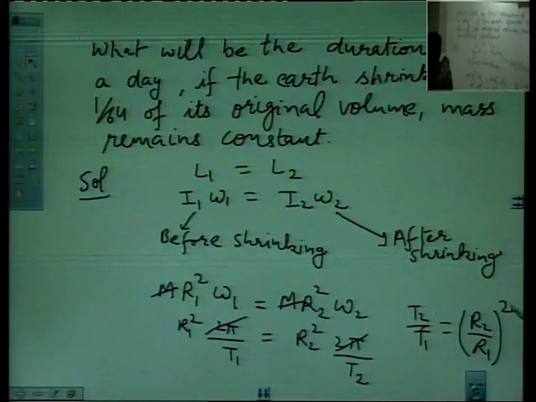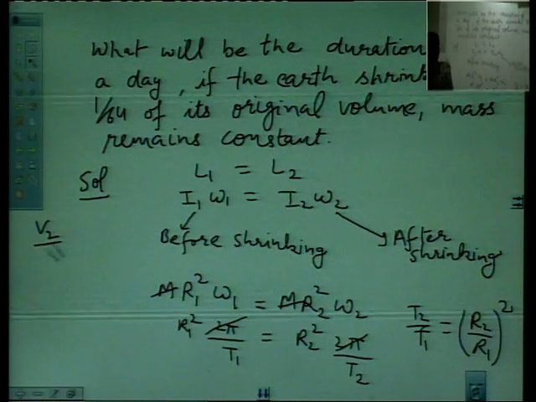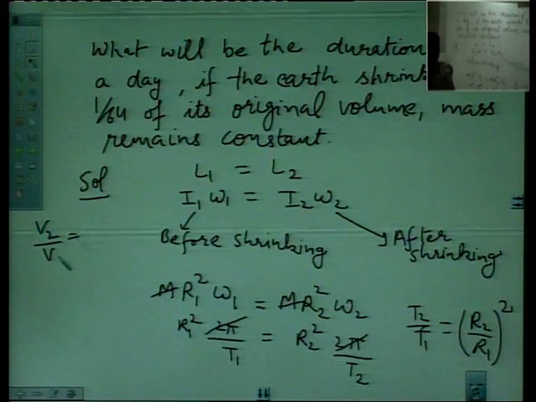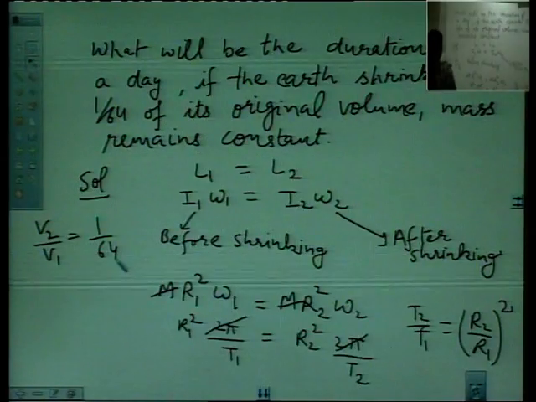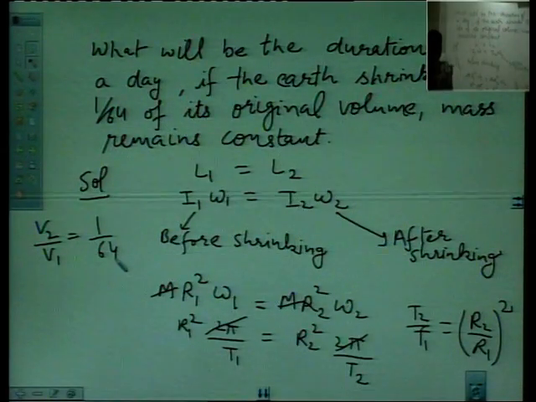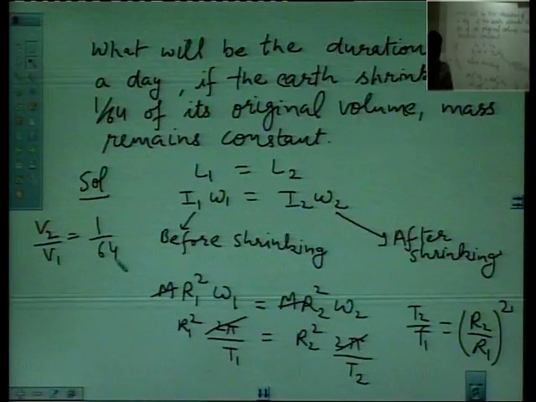Now, we know that volume is decreased by 1/64. If original volume V1 is 64, V2 remains 1. The ratio of V2 upon V1 is equal to 1 upon 64.